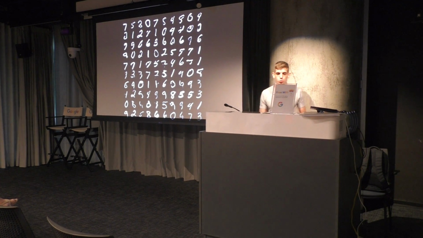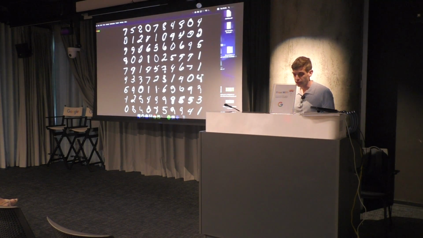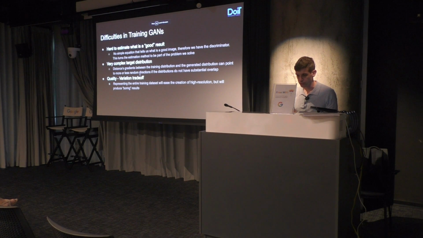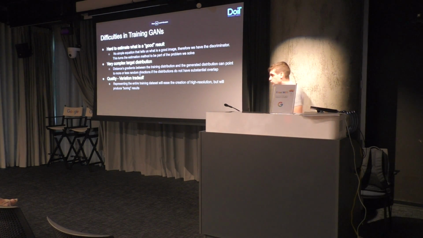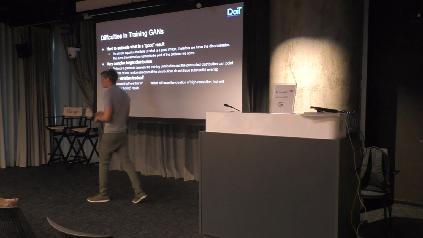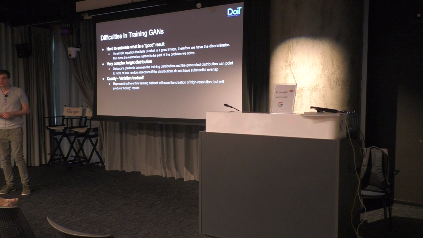And let's talk about what specific difficulties we usually have when we're training generative models. First of all, as opposed to a regular classification or regression problem, we don't have a very good function that could tell us if we're doing right or wrong.